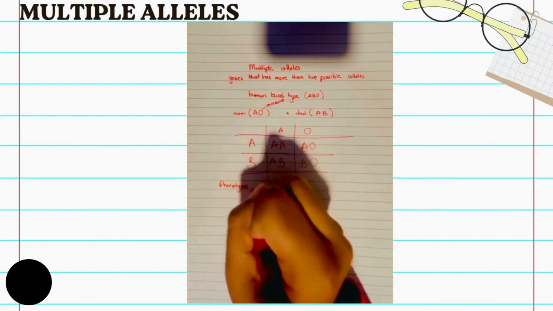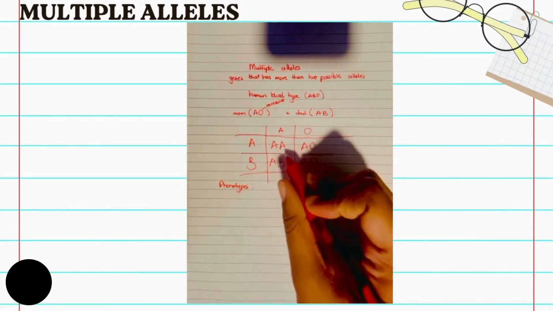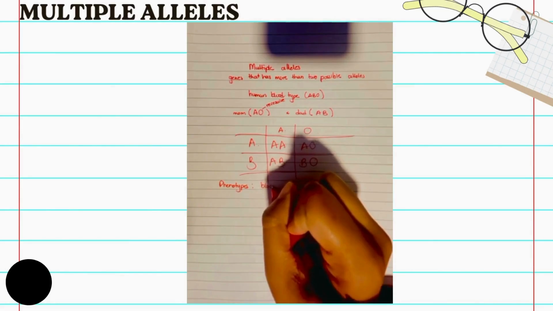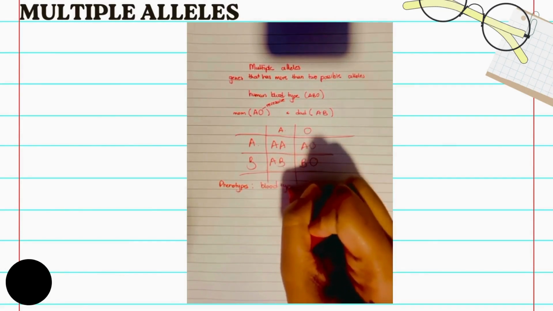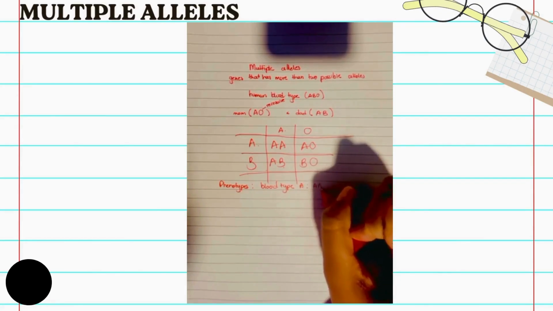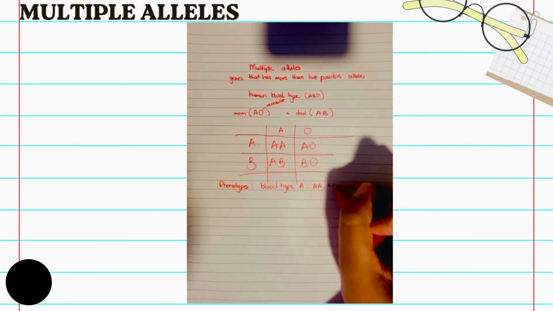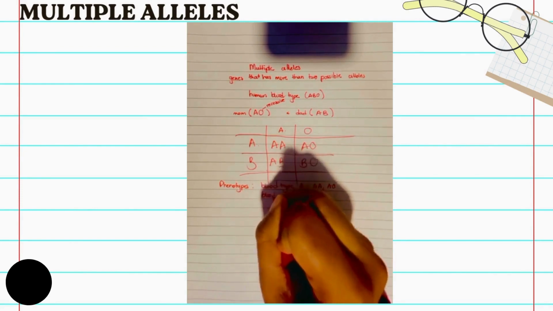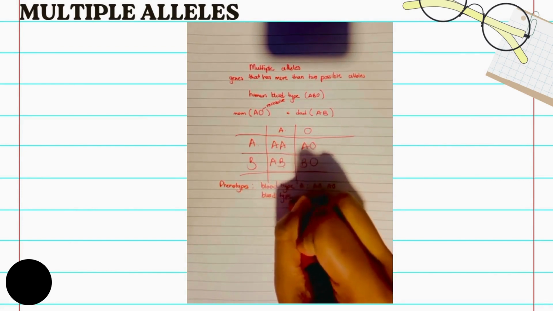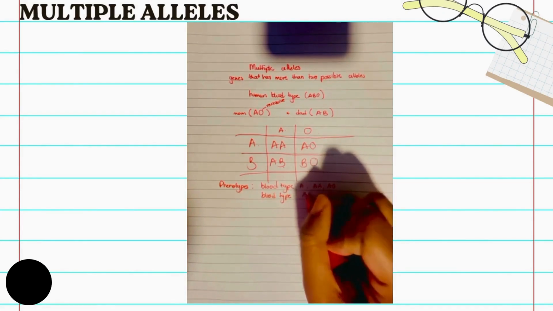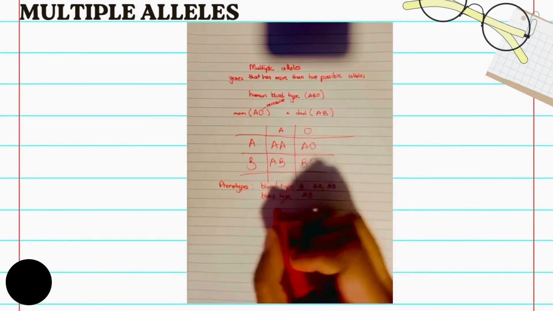Now when we look at the genotypes, which again is the genetic makeup, we have AB, AO, AB, AA, and BO. For the phenotypes, we have blood type A, which is two of those, AA and AO, because the allele for O is recessive. Another blood type we have is blood type AB.